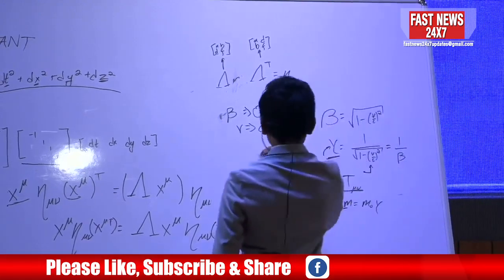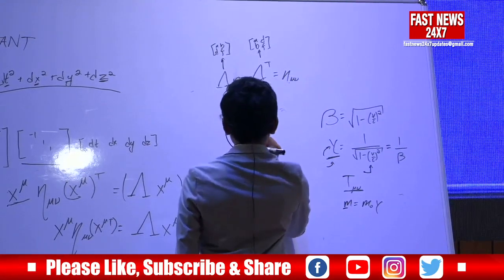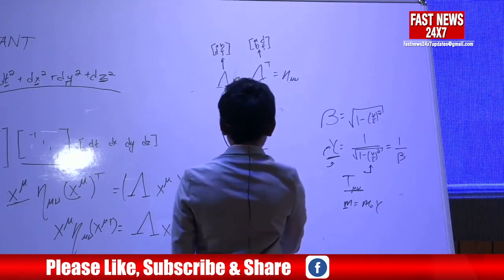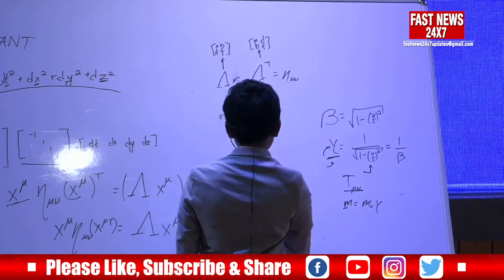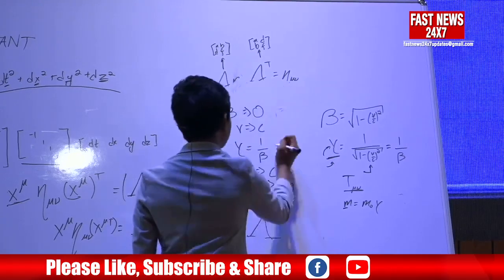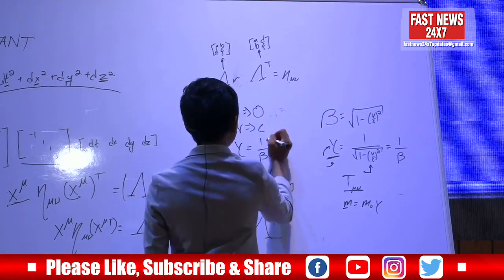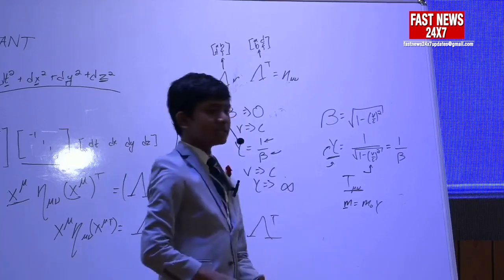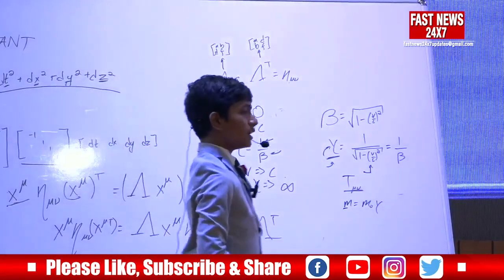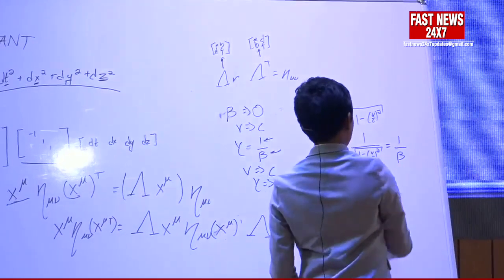So, since gamma is 1 over beta, then as v approaches c, gamma is going to approach infinity, because of course, the denominator is getting smaller while the numerator stays the same, which means it's going to go up and up and up and approach infinity. So that's essentially a short answer for why mass approaches infinity.